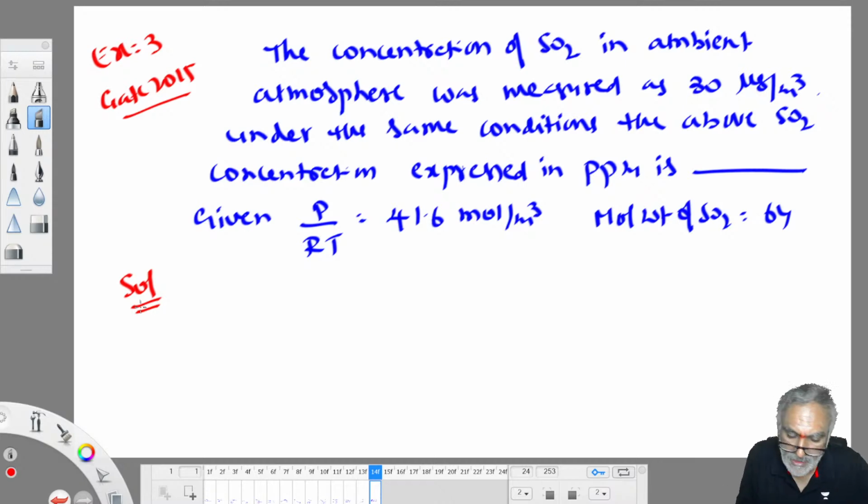So what we require? M is given. M is equal to 64 and K value is equal to RT by P into 10 cube. Okay, but what is given? P by RT is given.